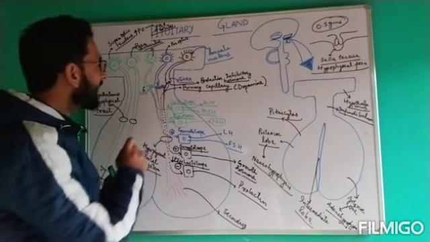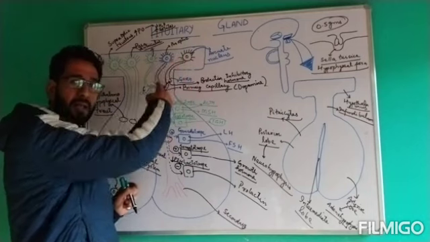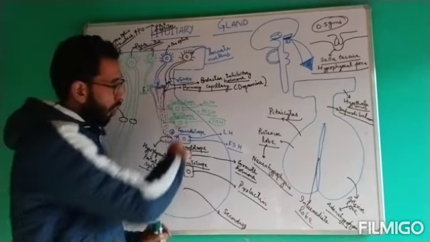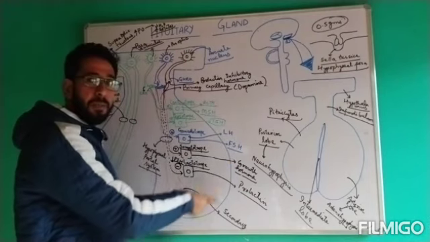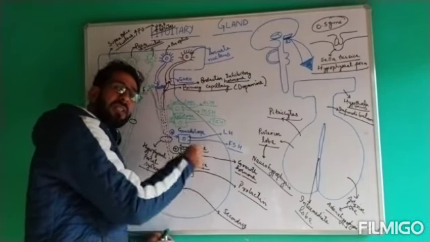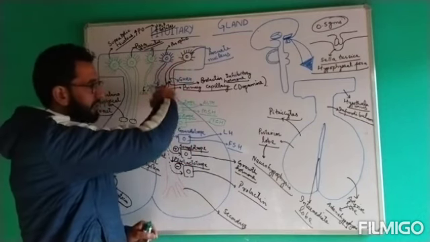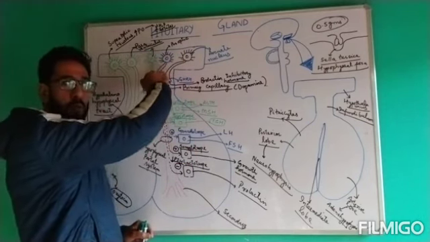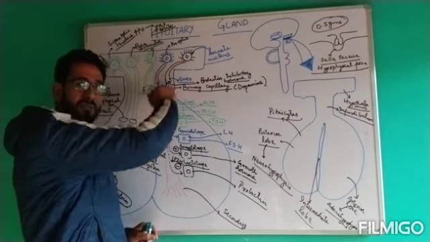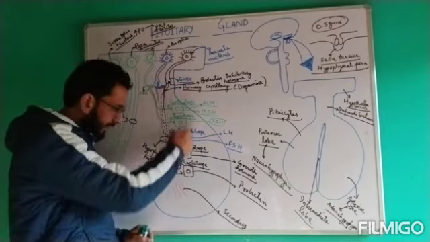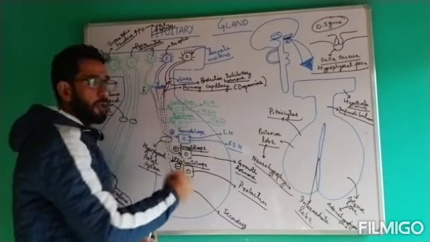Fine? Then the hypothalamus also controls the activity of the anterior pituitary, but the hormones secreted by the anterior pituitary are synthesized inside the anterior pituitary. It controls the activity by releasing hormones which stimulate different cells in the anterior pituitary, and these cells release different types of hormones.